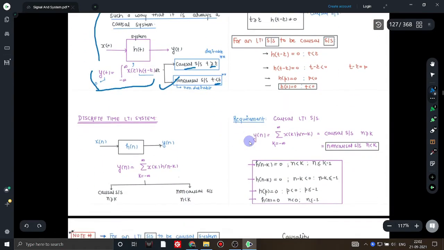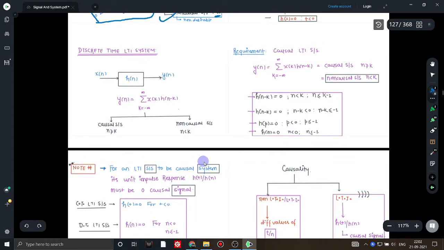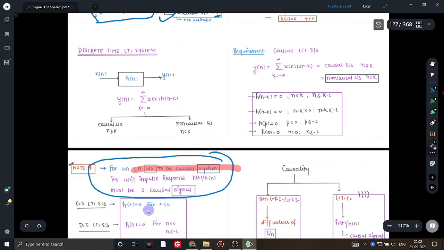So the main result that we should remember is this here. It is written that an LTI system is a causal system if its unit impulse response, that is h(t) and h(n), must be a causal signal.